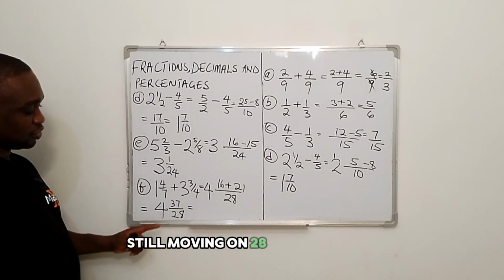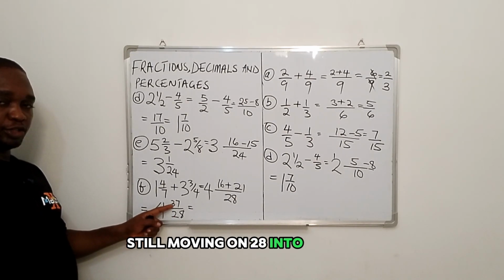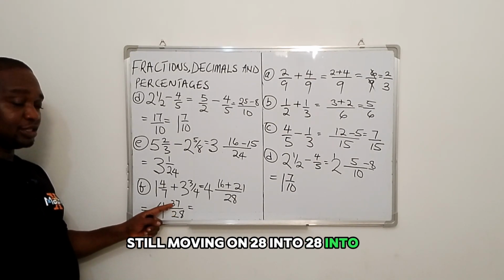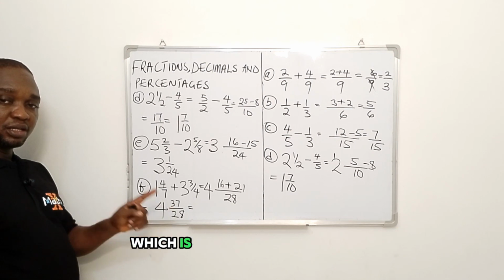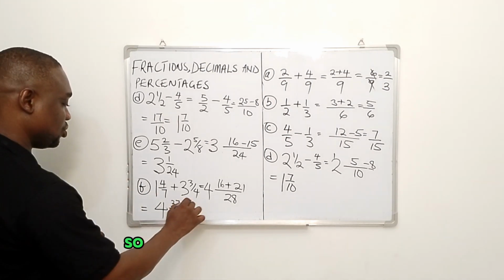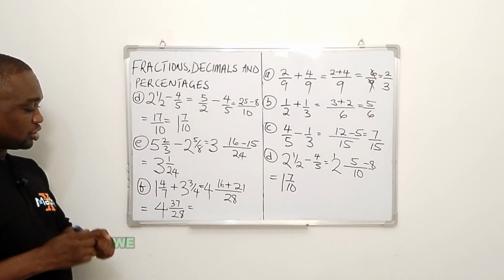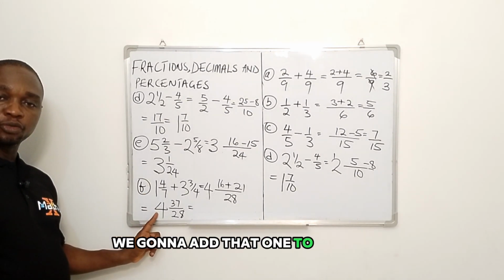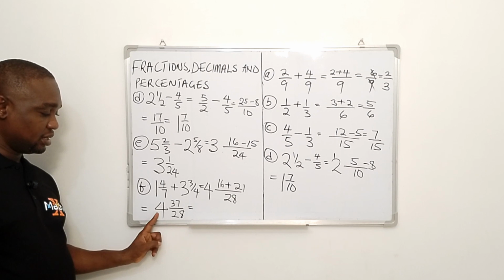Still moving on, 28 into 37 is 1 time, remainder 9. That 1 we just got, we're going to add to the 4 here.